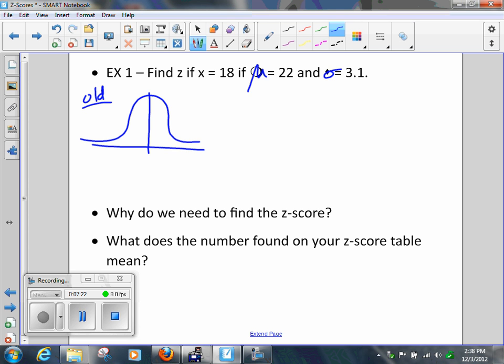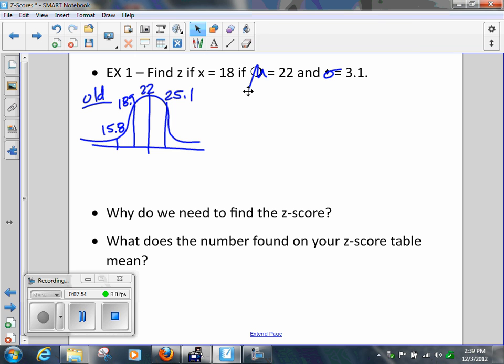We had our mean of 22 and our standard deviation of 3.1, so 25.1. If we step back and take 22 minus 3.1, we get 18.9. Step back again and subtract 3.1 from 18.9, and we get 15.8.